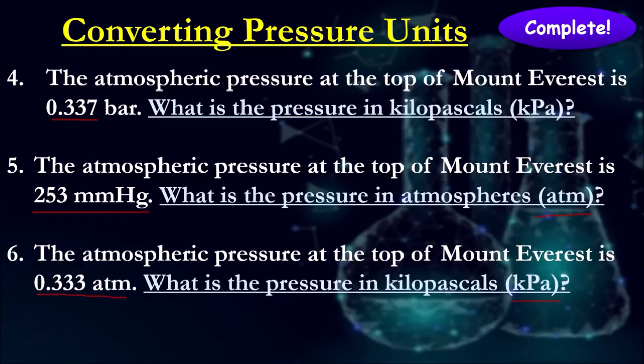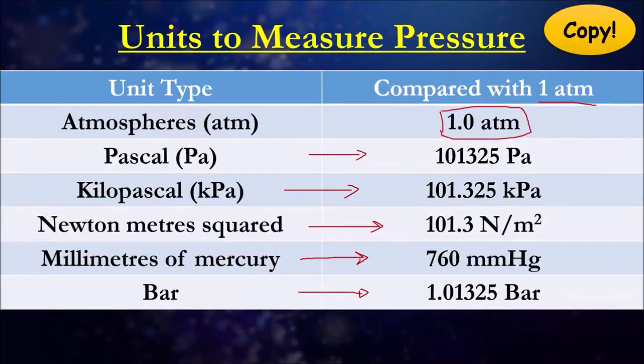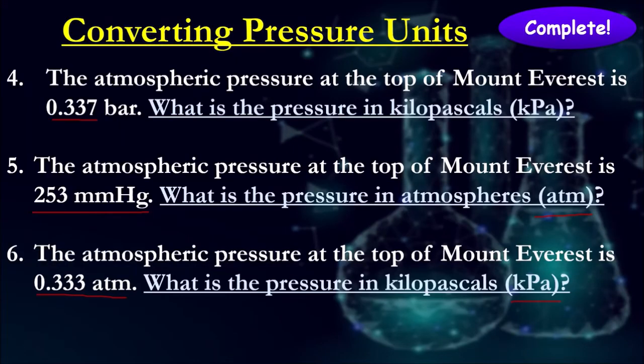Convert that into kilopascals. Okay, so the best way of going through these questions is to refer back to our table here. I'll give you a minute or so to work on that. What I'll do is pause the video here. I'm going to move on to the next couple of slides in 5 seconds.